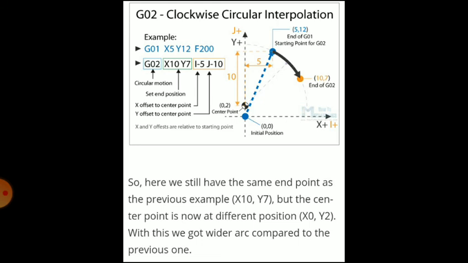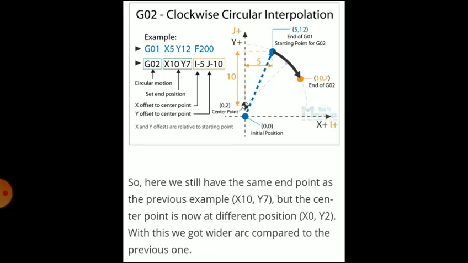Here we will still have the same endpoint as the previous example, X10 Y7, but the center point is now at a different position, that is X0 Y2. With this we get a wider arc compared to the previous one. So I5 means it is an X offset to the center point, and J10 means it is a Y offset to the center point.